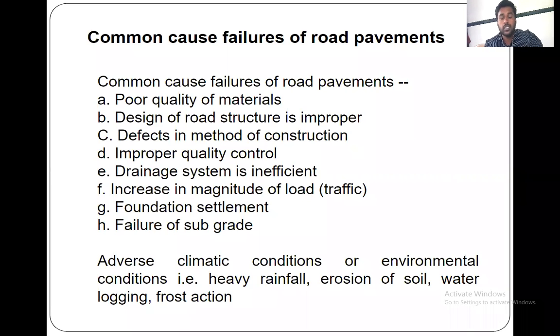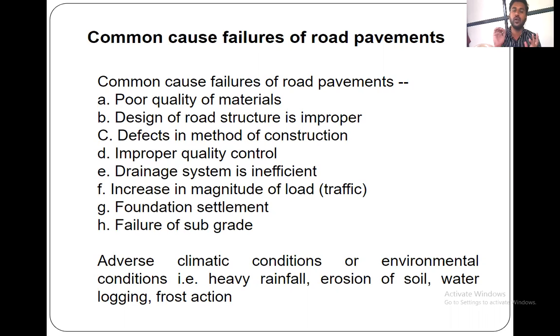Drainage system is insufficient. Suppose the drainage, whatever we have designed to carry the storm water as well as the daily use water, is not able to carry the designed flow. Means what? The maximum flood level is more than the normal pool level of the drainage. So what will happen?